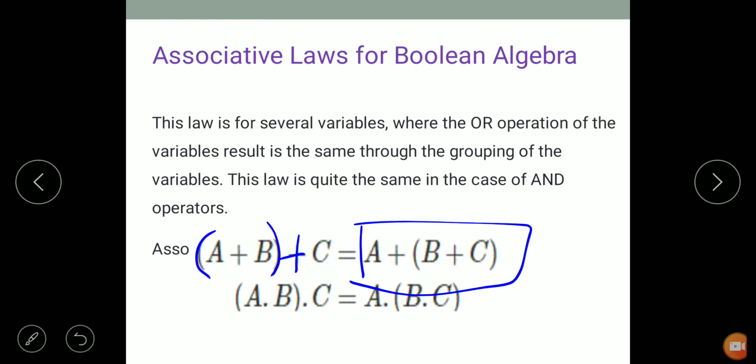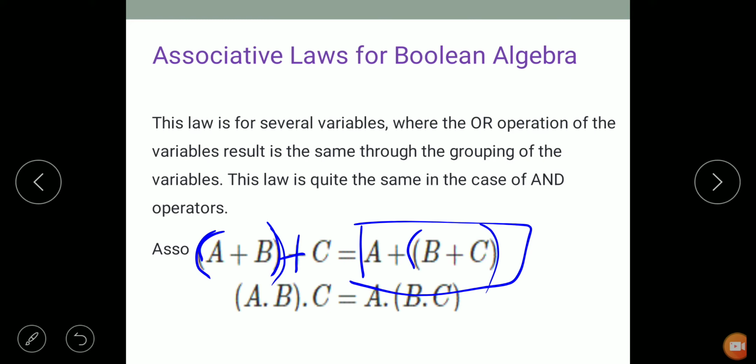The associative law states that the order in which the logic operations are performed is not at all important, the ultimate outcome is the same. First a and b are in brackets, but in the second case b and c are in the brackets. In a commutative law we change the sequence, but in an associative law we change the order.